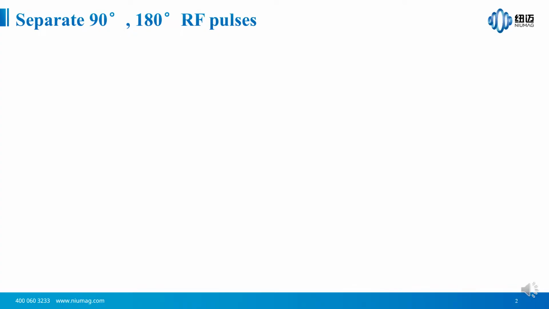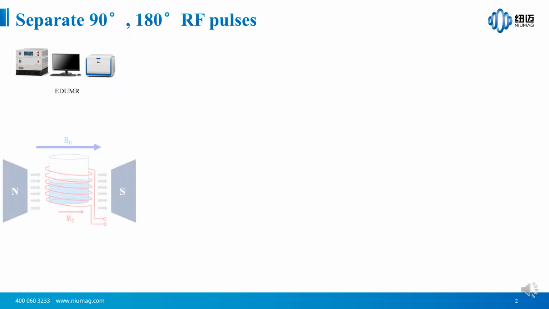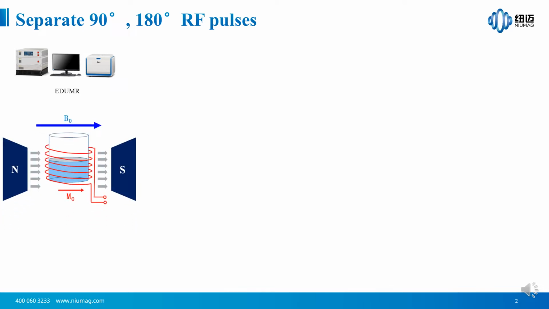First of all, let's see that on our EDU-MR, the sample is placed vertically into the probe. This one below corresponds to our internal diagram of the device. The magnetic field is oriented from the left to right.